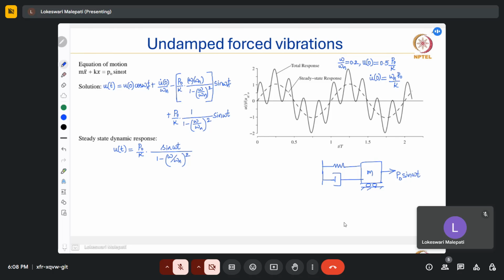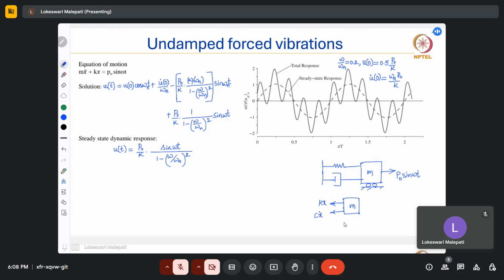This force is varying with an angular frequency of omega, and this omega is also called the forcing frequency. Now, if we draw the free body diagram to obtain the governing differential equation, we are going to have kx in the direction opposite to the displacement direction, and c x dot.